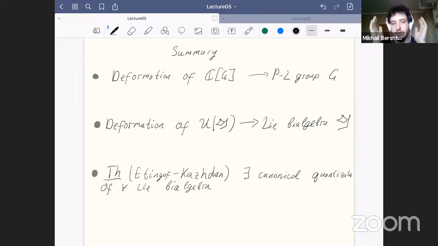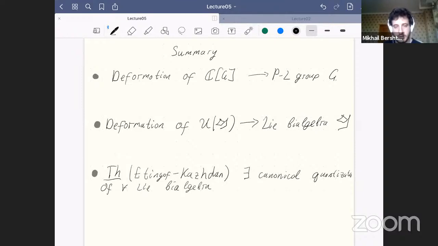In principle, one can prove that any Lie bialgebra can be quantized. The proof used some technique, some different associator, and so on.